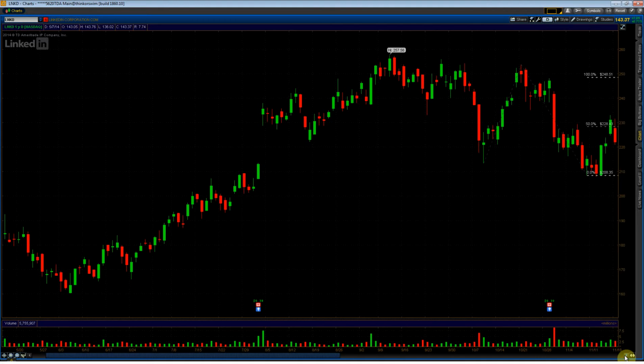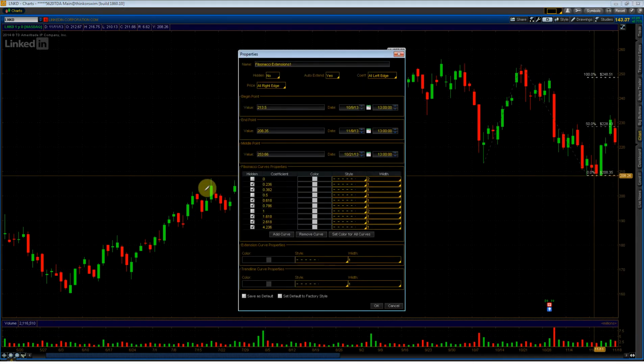Now let's kind of progress through here. The next day we come down and we fill the gap, so it makes us feel kind of bad. And one thing we have to observe, there's a lot of lines I could have using this tool. I could have a .236, a .382, a .5, a .618, .786, the 1, the 1.618, 2.618, 4.236.